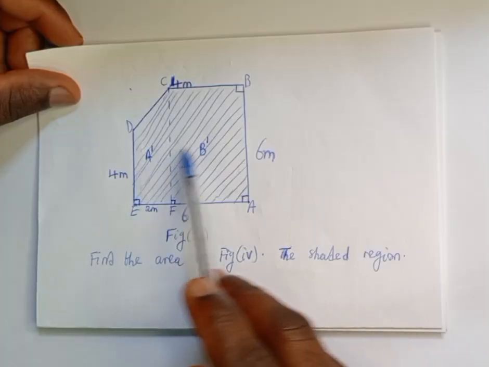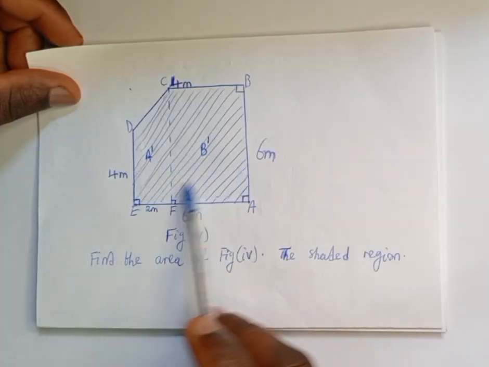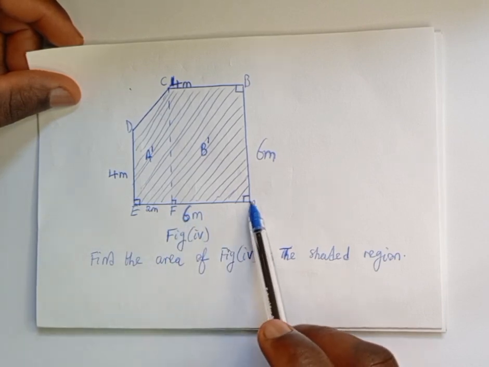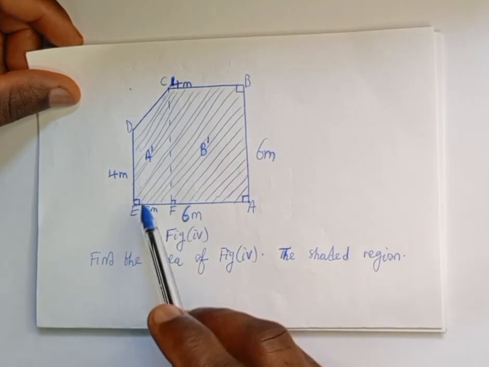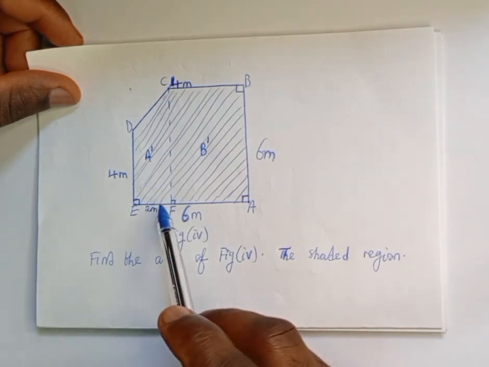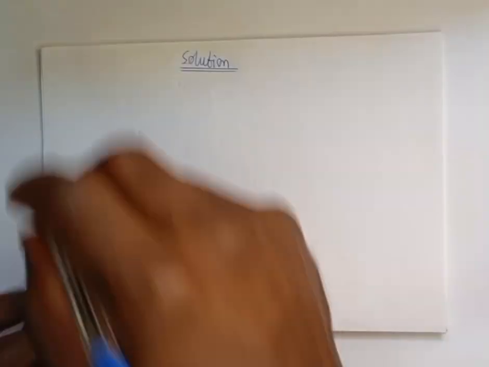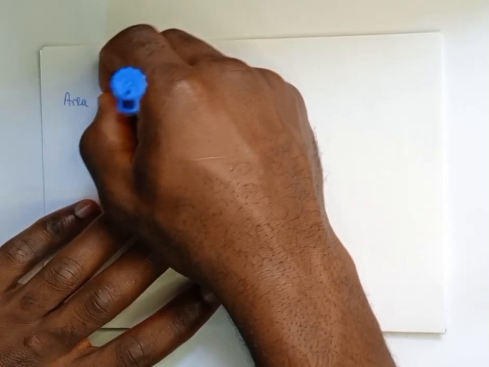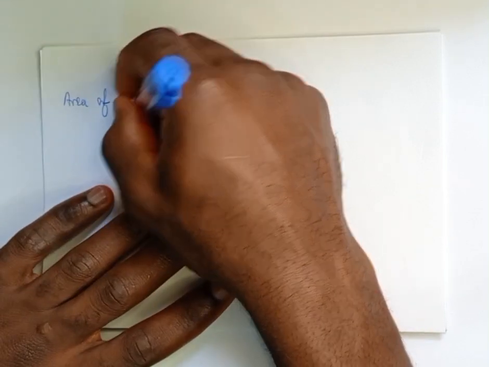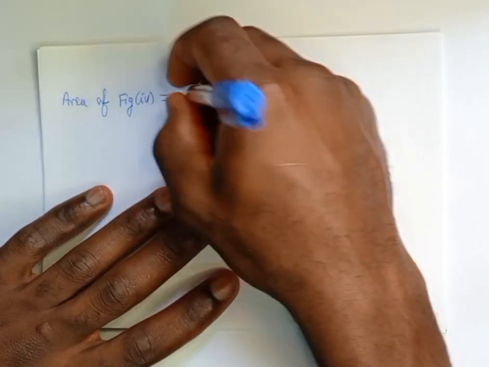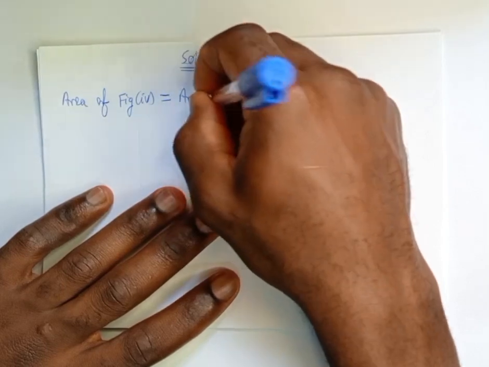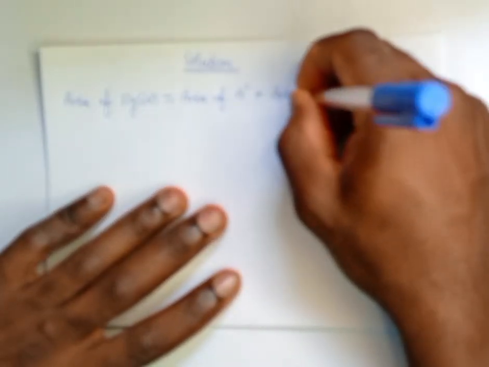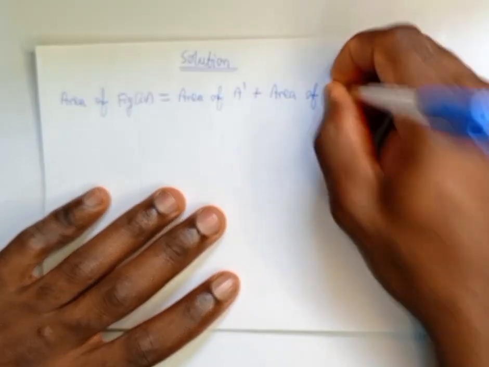For us to calculate the area of shaded region, it will simply be equal to the area of rectangle ABCF plus the area of the trapezium FEDC. Area of figure 4 is equal to area of A prime plus the area of B prime.